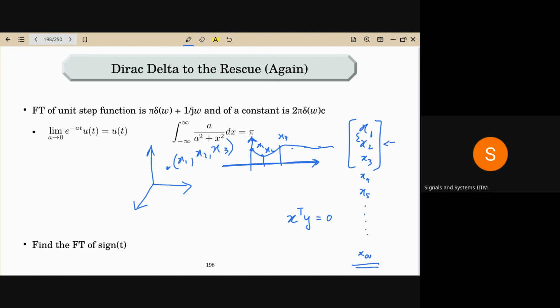So you don't have any component of one signal in the other. Let's say I have two signals X and Y. I cannot construct this signal X from Y in any manner. So there is no component of Y that is present in X and vice versa. There is no component of X that is present in Y. However I modify X, however I scale X, however I combine X in many different ways, I should not be able to produce Y.